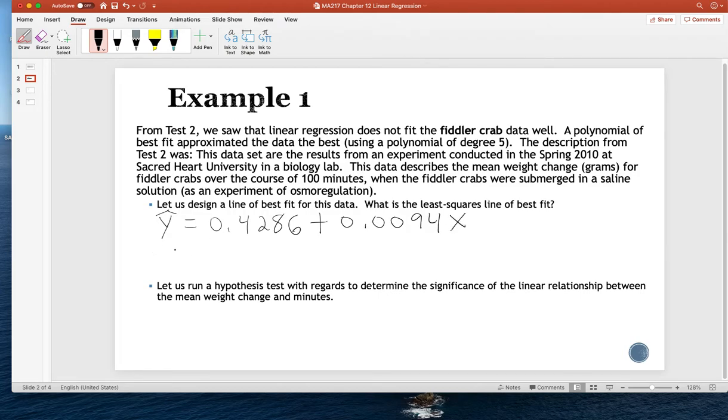Alright, and x was that time in this case in minutes. And y was that mean weight change, and that was in grams.